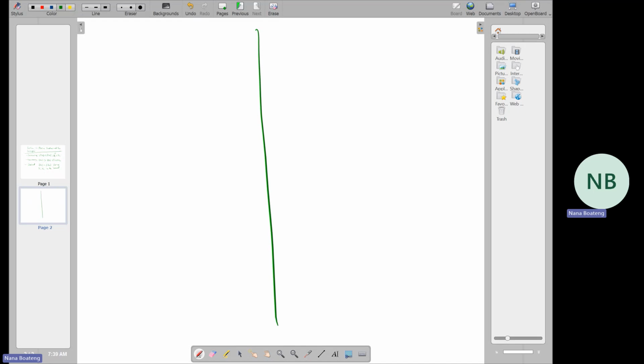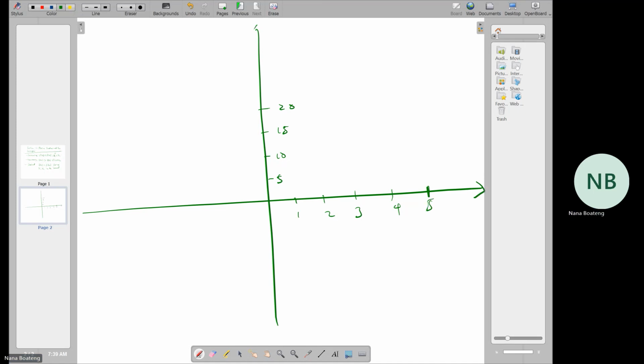For example, if we have a graph, and let's say this is 5, 10, 15, 20, this is 1, 2, 3, 4, 5, negative 5, we have a function that goes to negative 2.